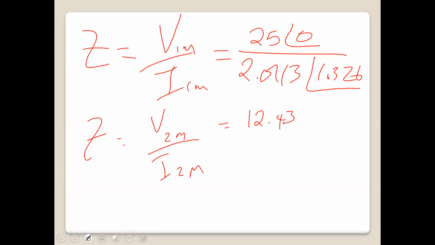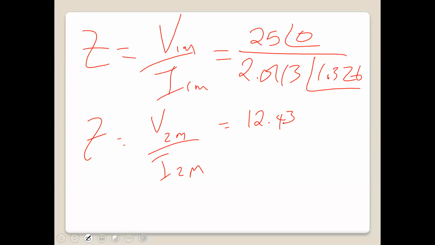Sorry, before I round it up: 25 divided by 2.0113 at an angle of 1.326.